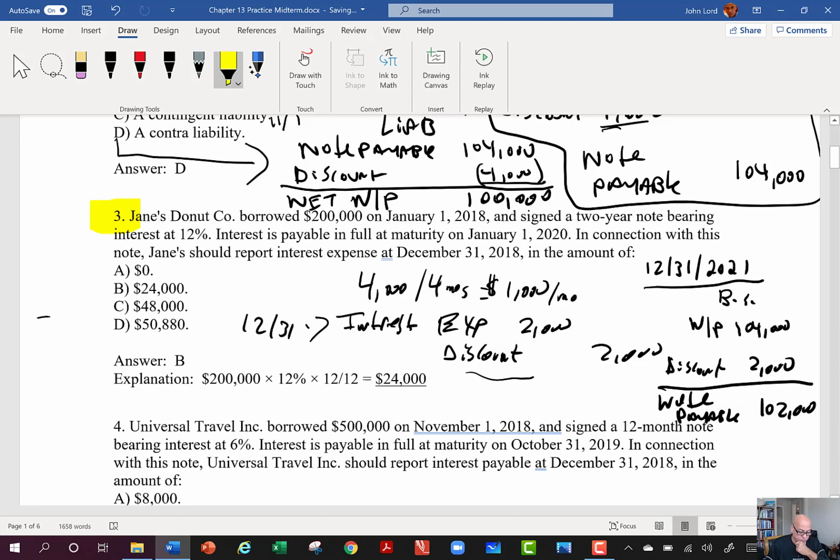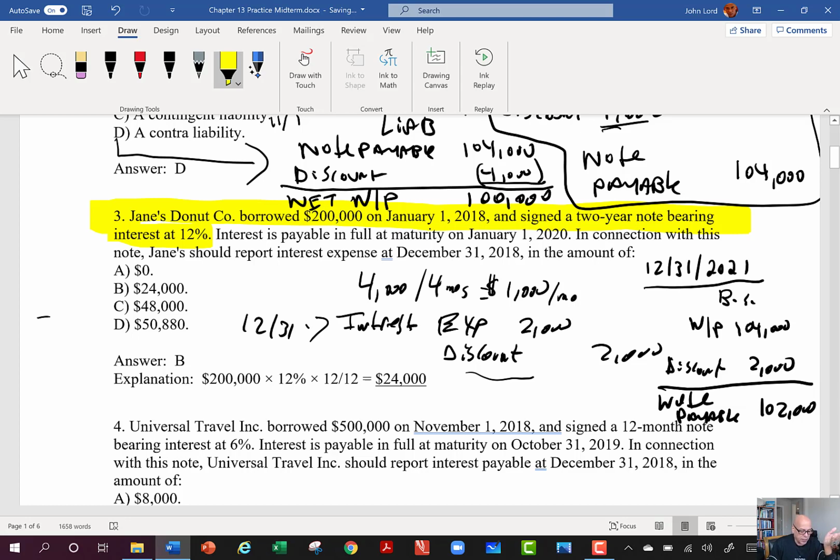Now that is different than what we're showing here. Now we can go to number 3, in which they actually tell us the interest. So we got Jane's Donuts, borrowed some money, January 1st, 2018, 12%. Interest is payable in full at maturity on January 1st, 2020. So it's a 2-year note. In connection with this note, Jane should report interest expense. Okay, we're supposed to be talking about current liabilities in this chapter, and here we go with a 2-year note.